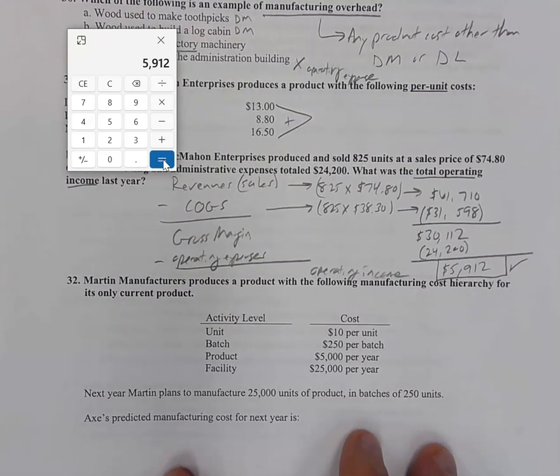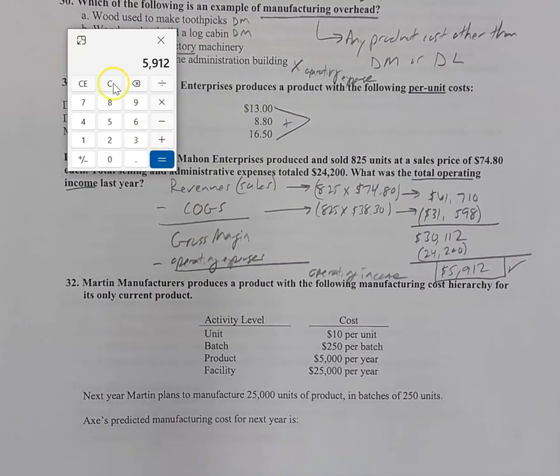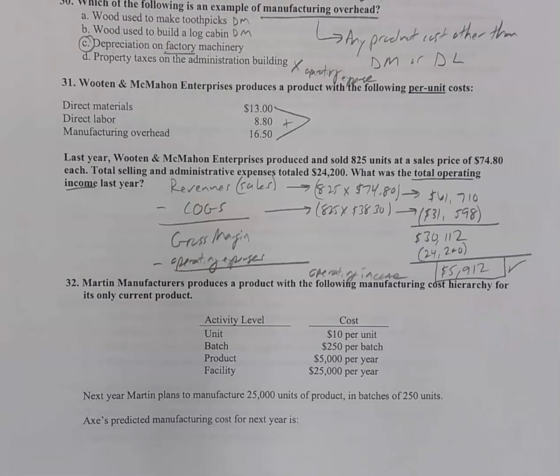One more question, and this question is going to deal with different types of costs that are incurred. When we look at total product costs, we could have very easily done this question first before we did this one here.